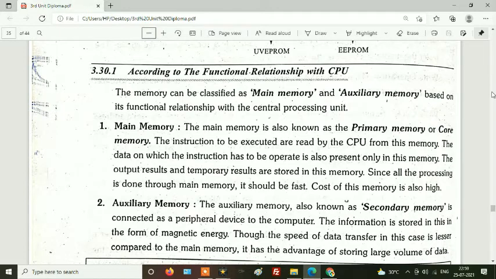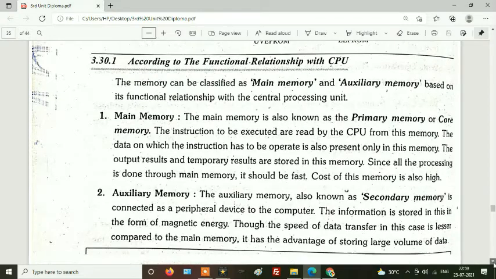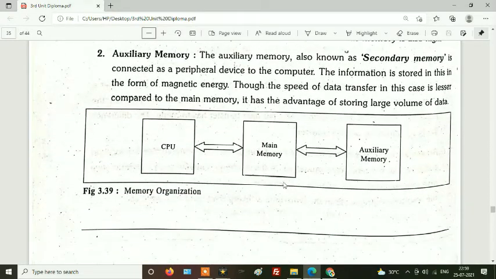So this is the classification of memory based on the functional relationship with the CPU, as main memory and auxiliary memory. Here we have a block diagram, just see this one. This block diagram represents the memory organization: CPU, main memory and auxiliary memory.